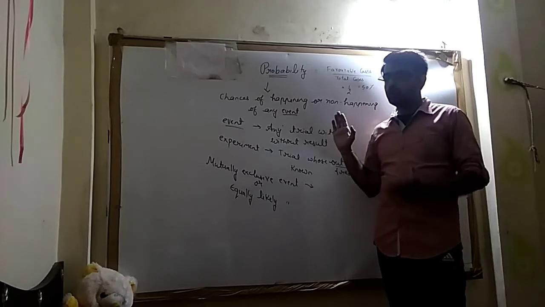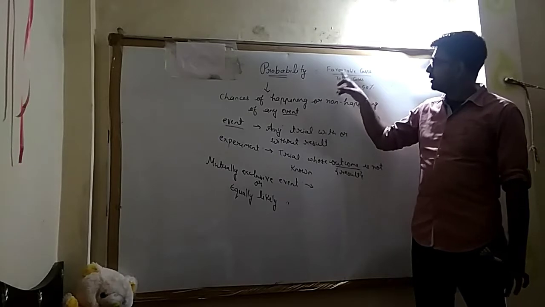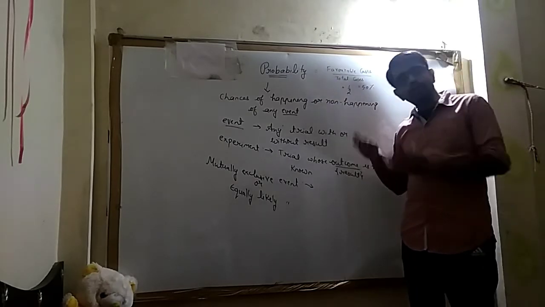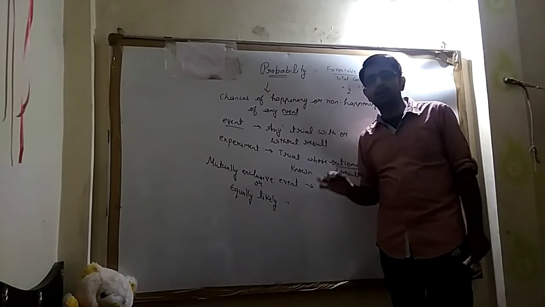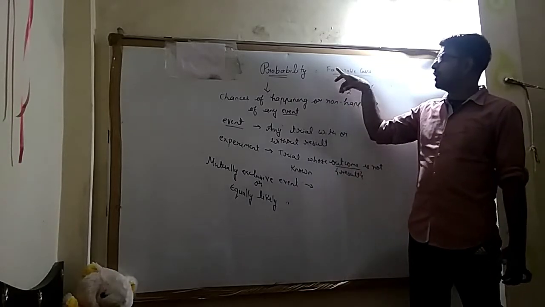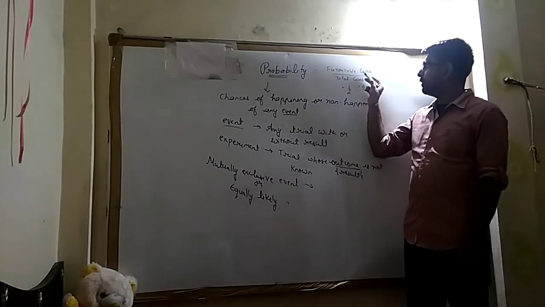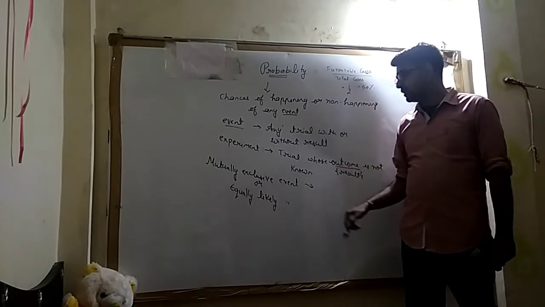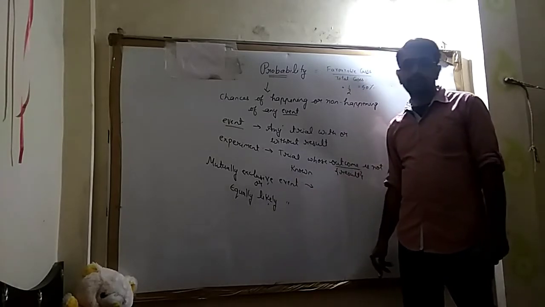Okay, so this is not true because there is a condition which you have not studied in 9th class, which you are going to study in 10th class. This formula of probability is applicable only when these cases are mutually exclusive or equally likely.